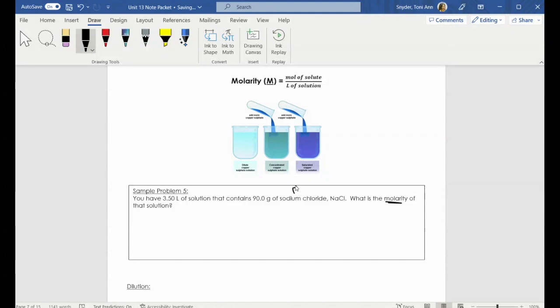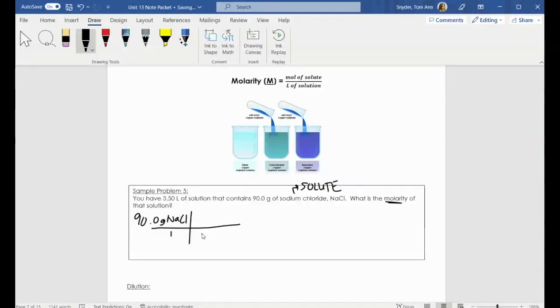So sodium chloride or salt is going to be my solute because that's what's being dissolved in this case. And I'm given 90 grams of that. So the first thing I have to do is convert 90 grams of salt to moles of salt because it's in moles of solute.